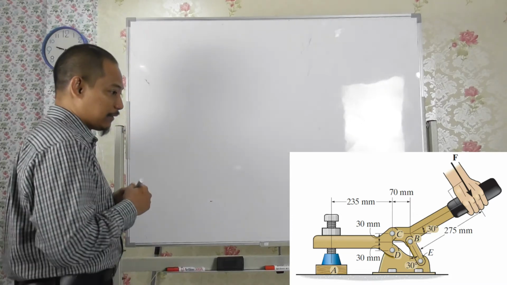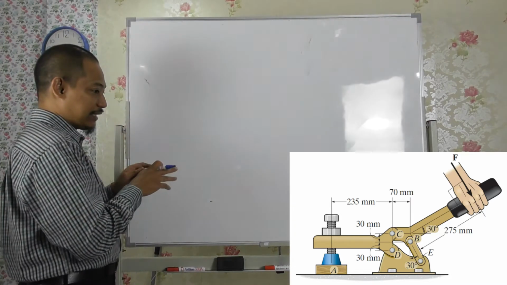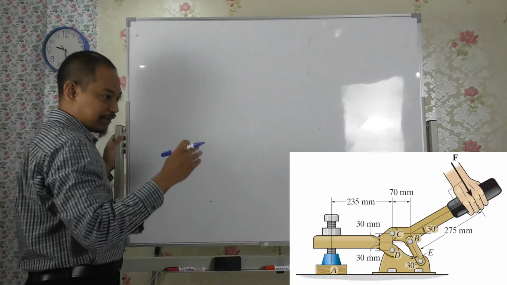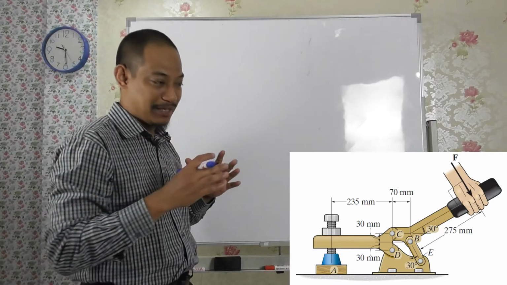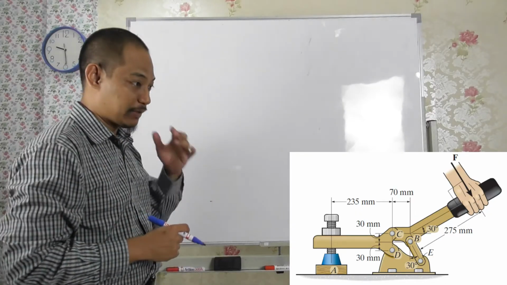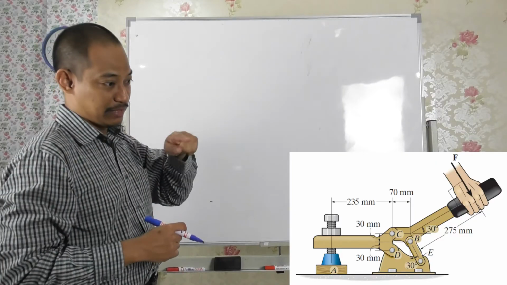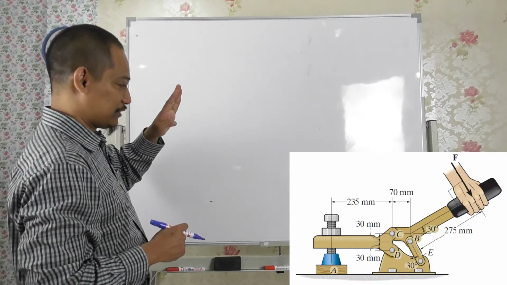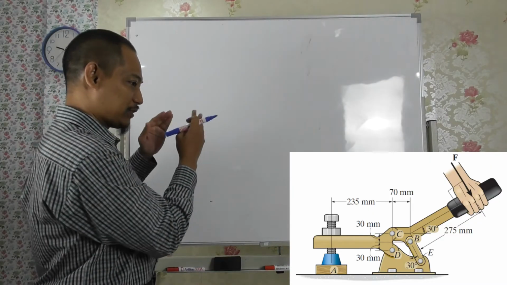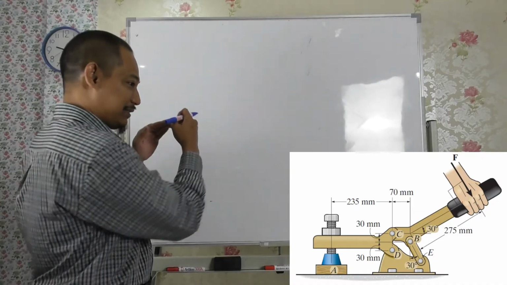So now if I go from the left side, hopefully you can imagine how the thing functions. When you press at F, the handle tends to go in a clockwise rotation, so it will push up at point C.